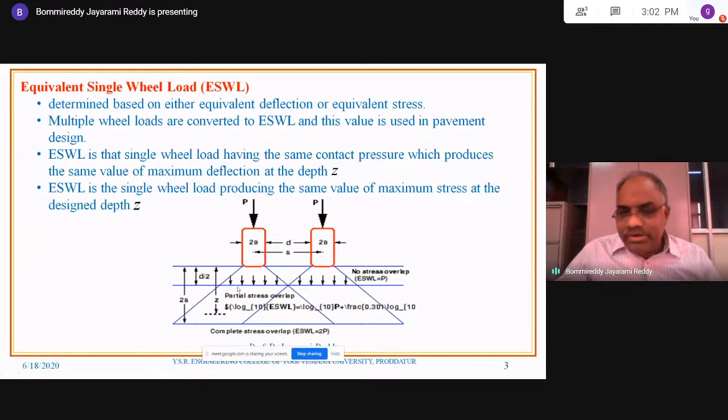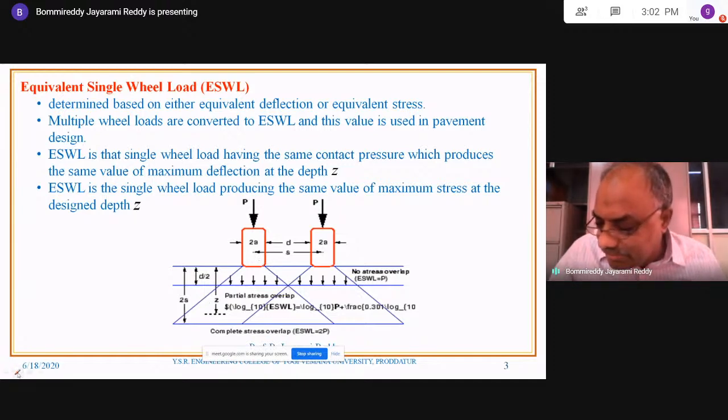And here we can divide it into three different parts as discussed earlier. The clear distance between the two wheels is small d. Center to center spacing between the two wheels is S. If you draw the stress distribution diagrams at an angle of 45 degrees, they will intersect at this particular point.